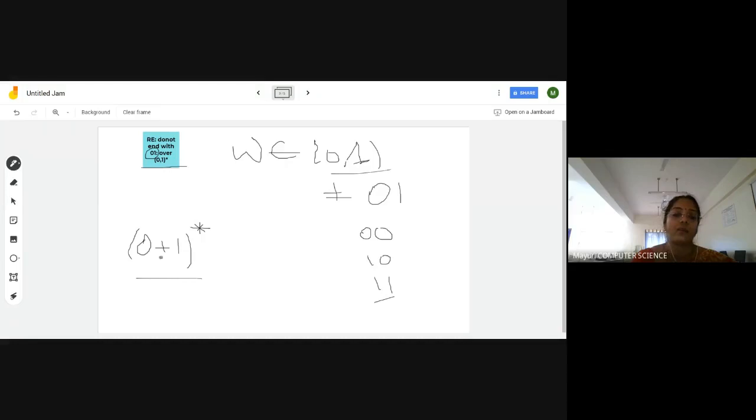Any length, whatever you want, any combinations, either it starts with 0, or starts with 1, after 0, 1, after 1, 0, it will agree. I don't bother about how to start a string, but I should not end with 0, 1. Then what do I have to end with? Then I can end with 0, 0, or I can end with 1, 0, or I can end with 1, 1. Anything is acceptable.